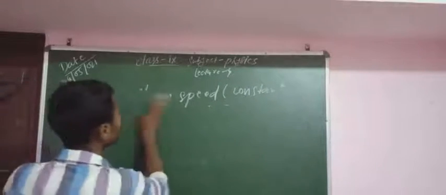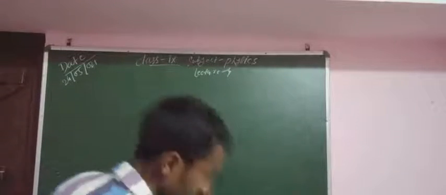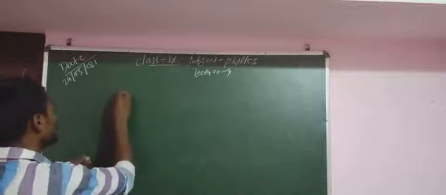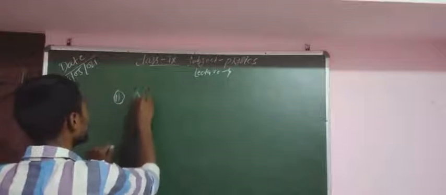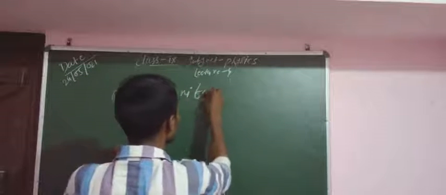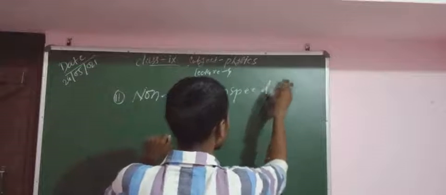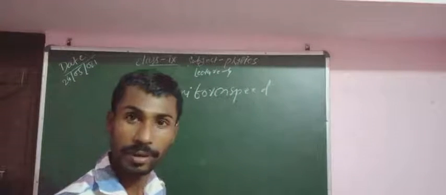The second one is non-uniform speed, or maybe variable speed.